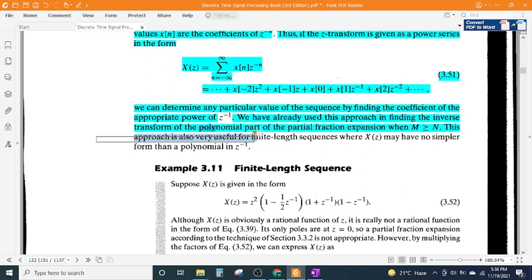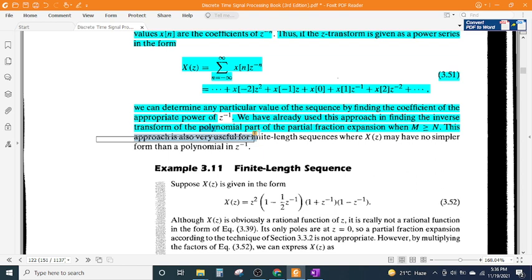Many power series have been tabulated for transcendental functions such as log, sin, etc. In some cases, such power series can have a useful interpretation as Z-transforms, as we illustrate in Example 3.12. For rational Z-transforms, a power series expansion can be obtained by long division, as illustrated in Example 3.13.